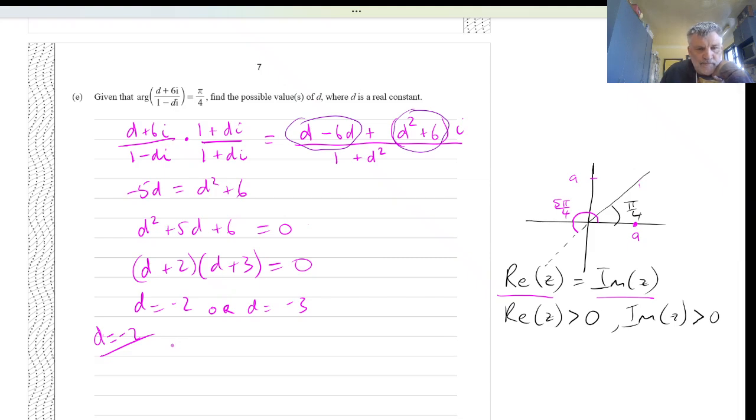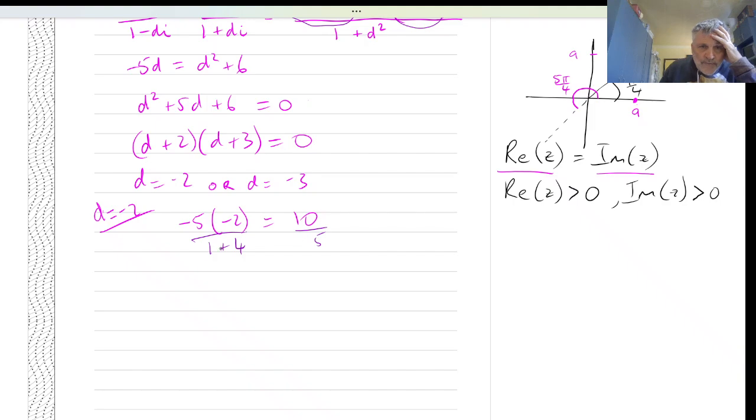So d is -2. The real part, we're always going to be positive on the bottom. So we're going to have -5 times -2 is +10. If you wanted, you could put this over 1 plus 4, -2 squared, over 5. But you can see that doesn't change the sign. And if d is -3, our numerator is going to be -5 times -3, which is 15, which is positive.